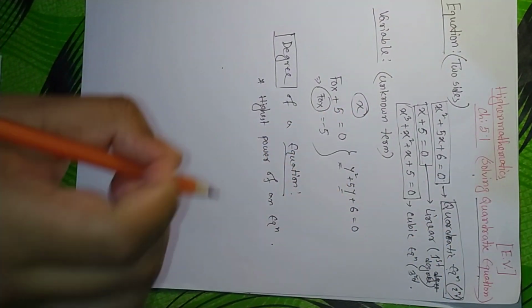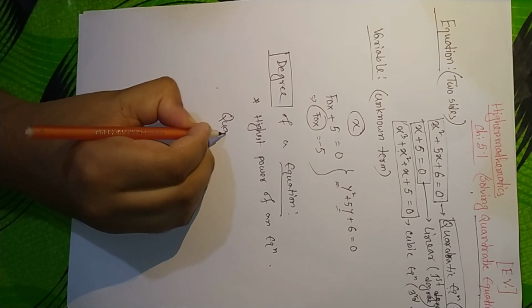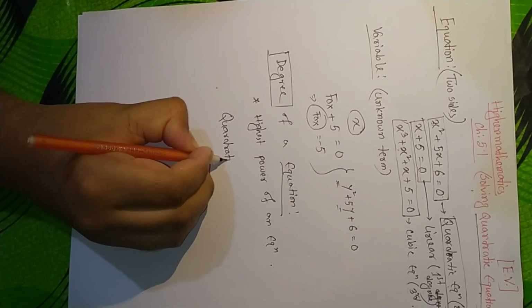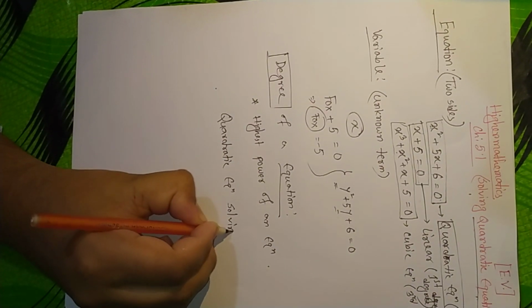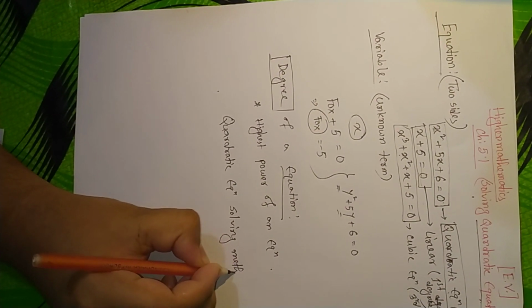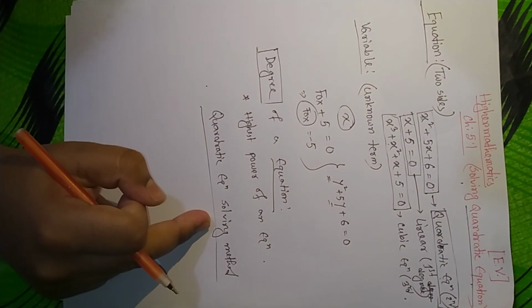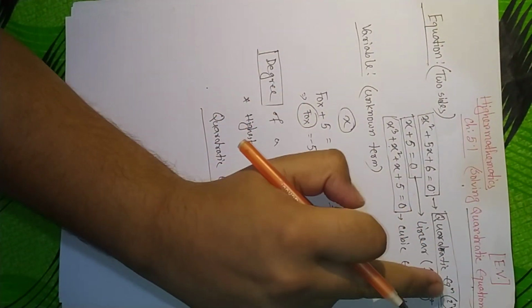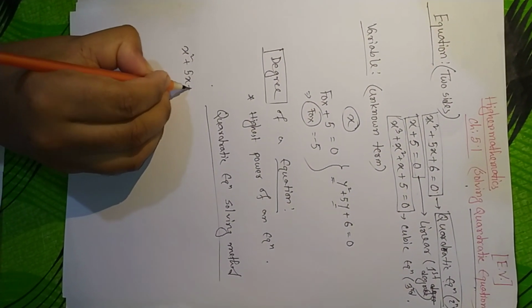Quadratic equation solving method. In this, you can understand that a quadratic equation means a second degree equation. Suppose x square plus 5x plus 6 equals 0.